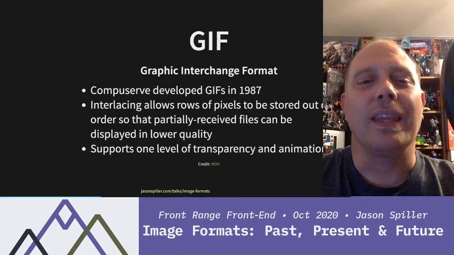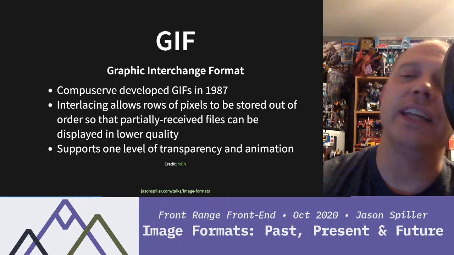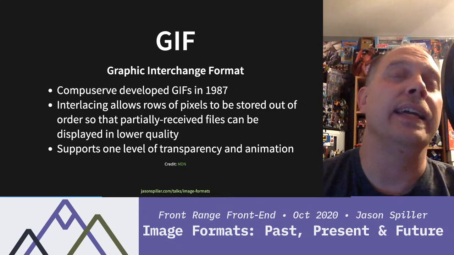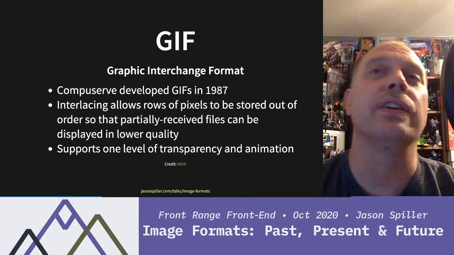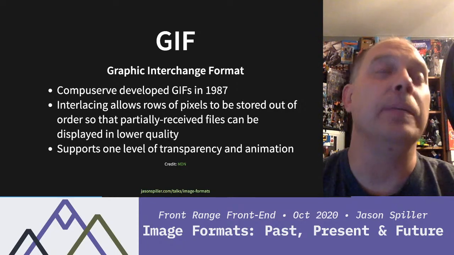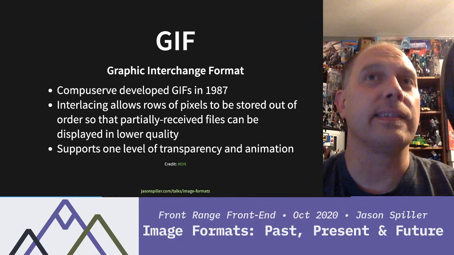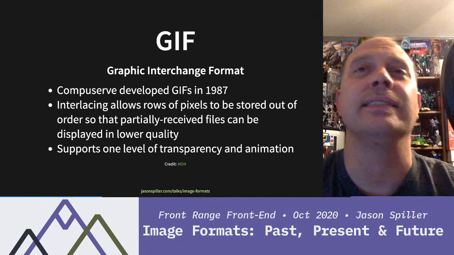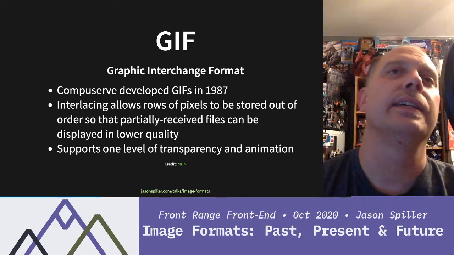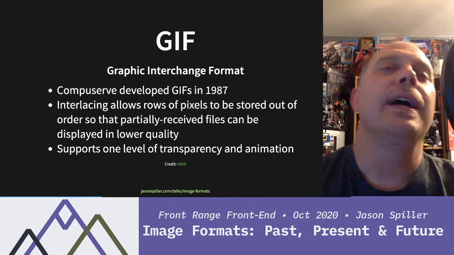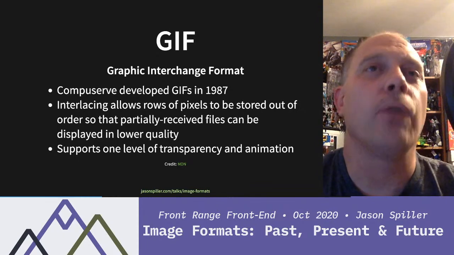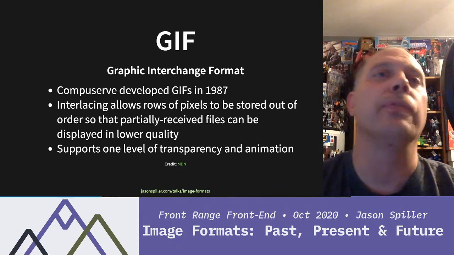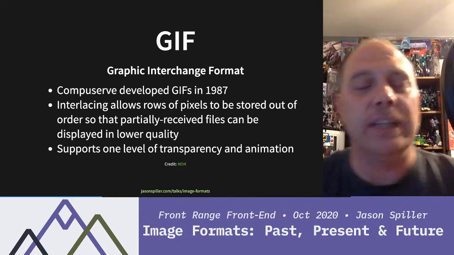The first big one here is GIF, Graphic Interchange Format. This was developed by CompuServe, an internet service provider, in 1987, mainly to be used with its systems to reduce transfer time and clogging the pipes, basically. It sports a thing called interlacing, which allows rows of pixels to be stored out of order so that the received file can be displayed quicker.